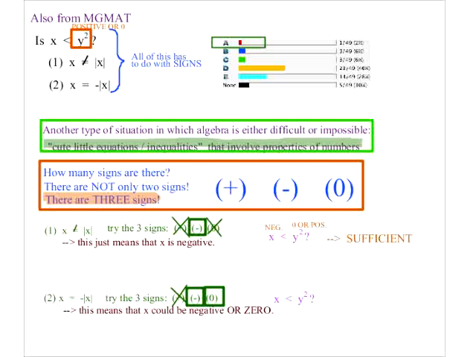This one is again either 0 or positive. This one is 0 or negative. So I can't tell anymore because there's that single possibility that both of them are 0. So insufficient because if they are both 0, you get a no. And in any other case, you get a yes.